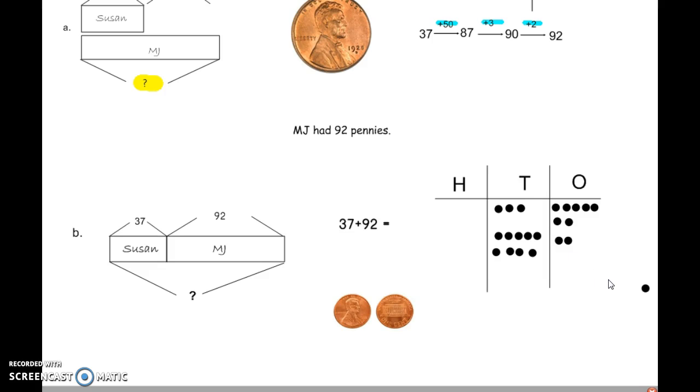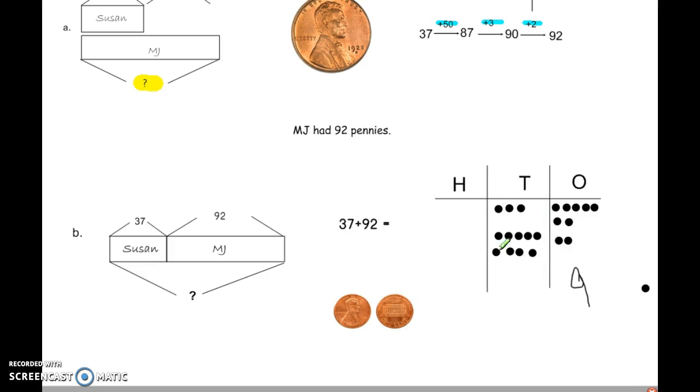So to do this, I want to try and see if I can make a bundle of 10. When I add my ones place, I see that that only gives me 9 ones. So I'm not going to be able to make a bundle with my ones. Let's take a look at the tens place though.